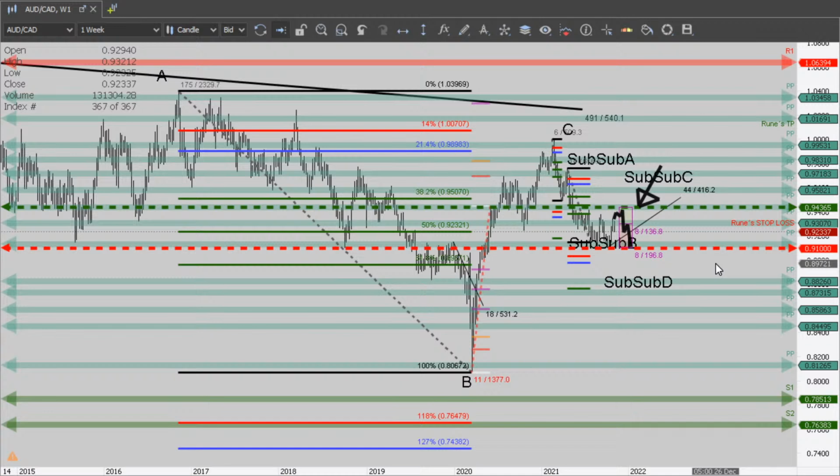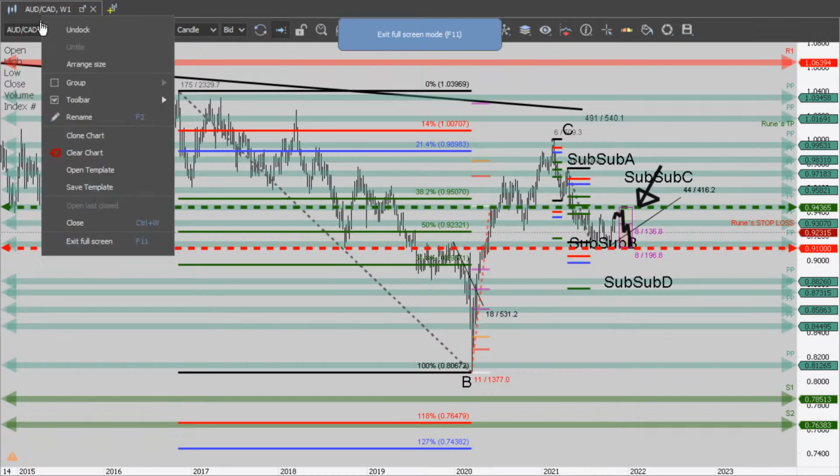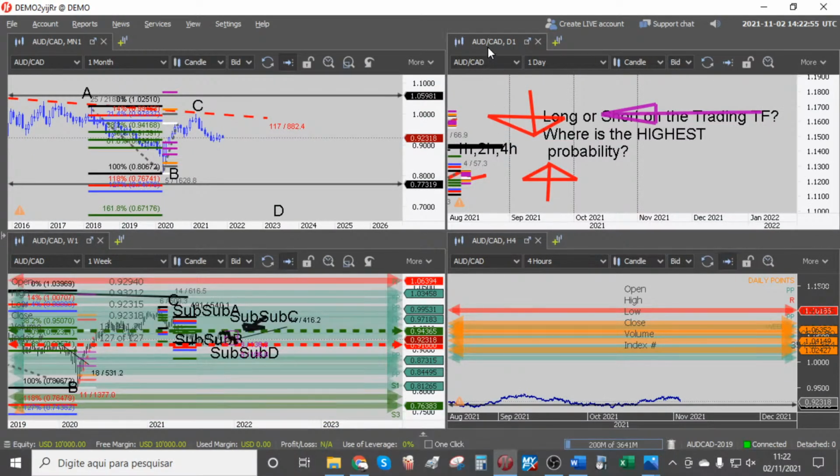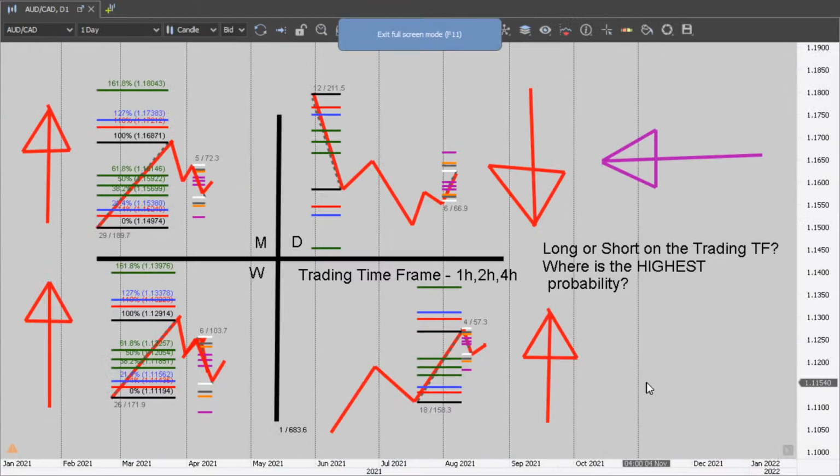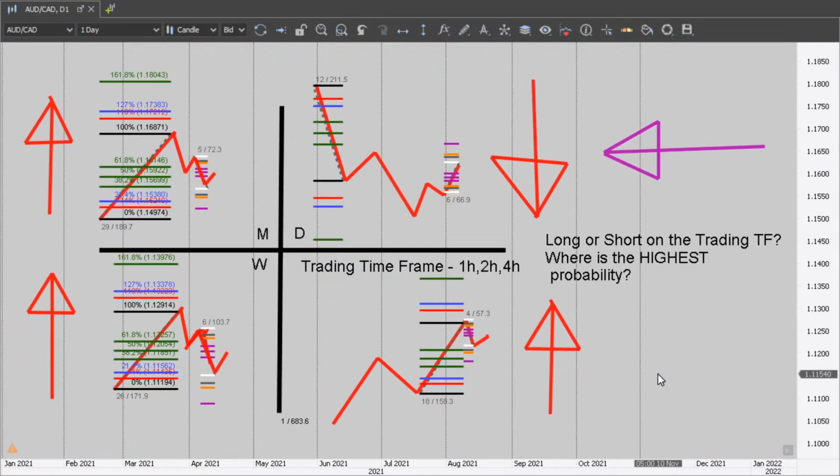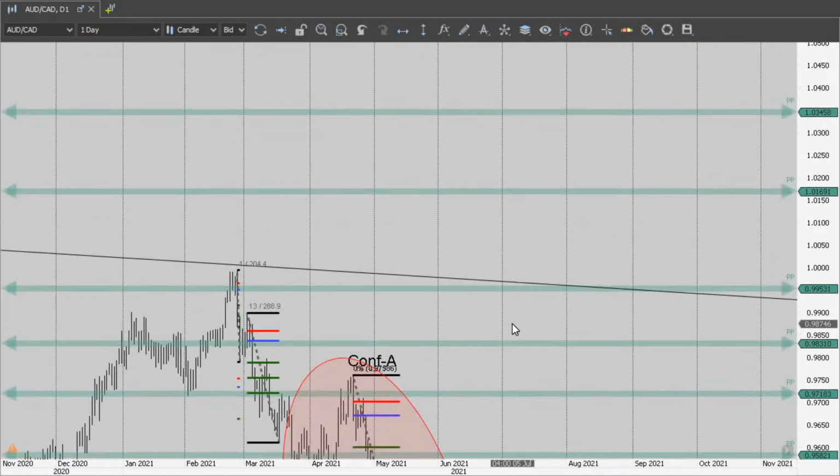Don't worry everybody, I have a 20 seconds delay on the chat. This means that once you put in the chat, it's going to take 20 seconds to come to me. Weekly trend direction, down, very good, excellent. What about the daily chart? So this is theory.